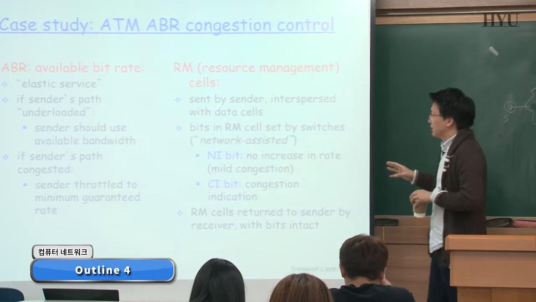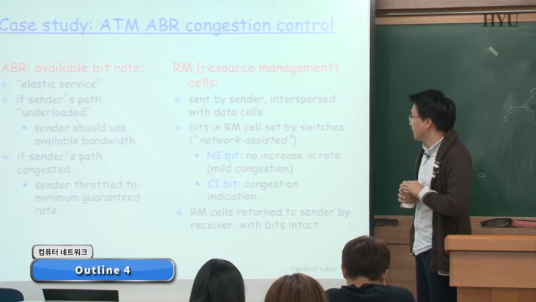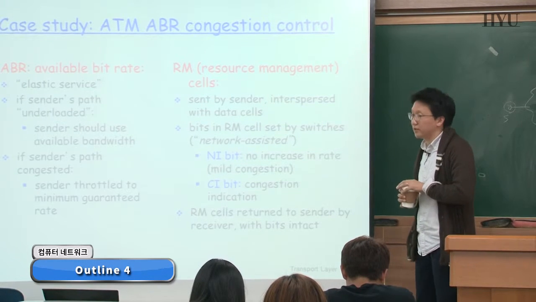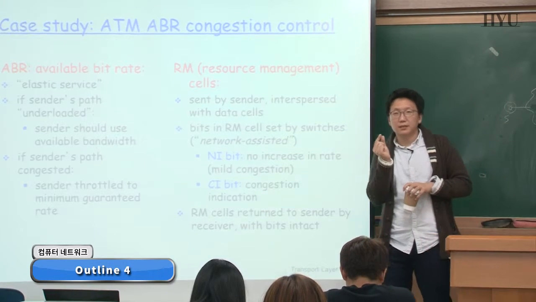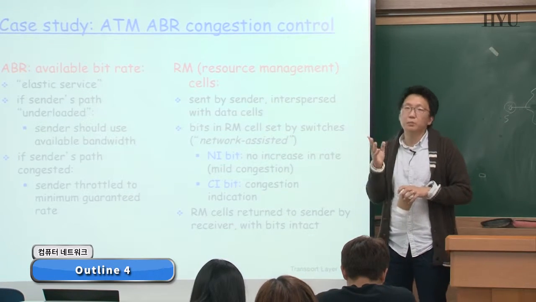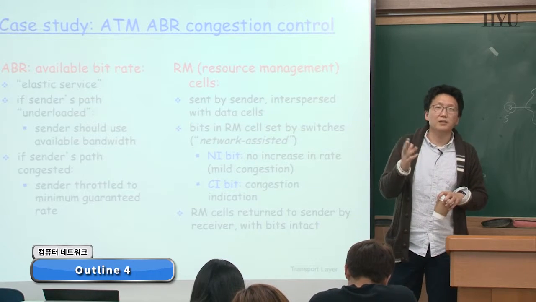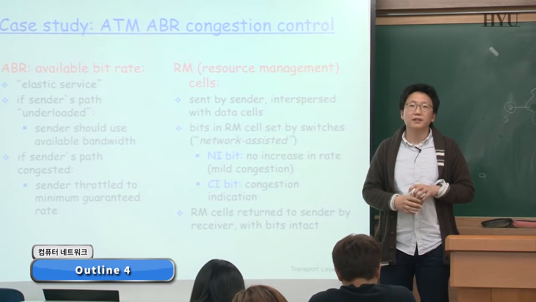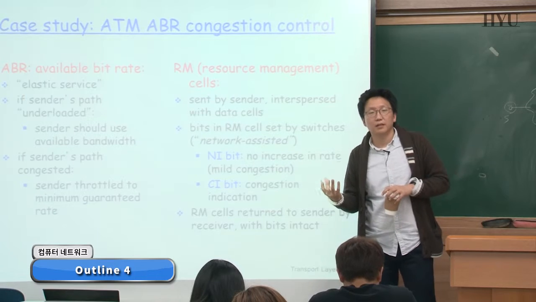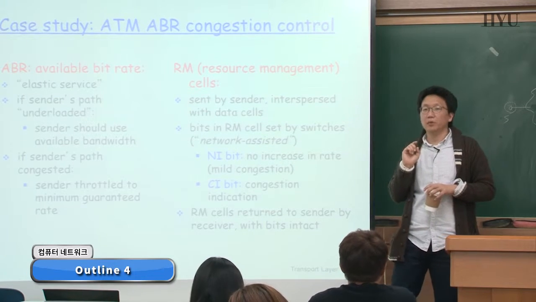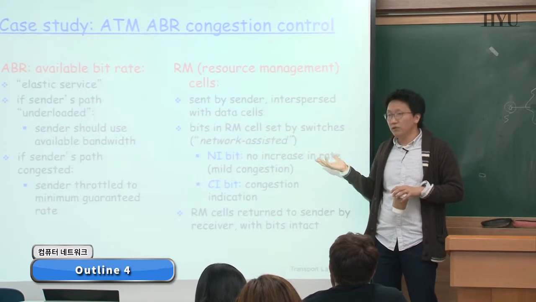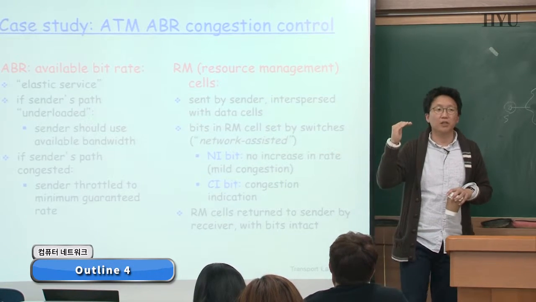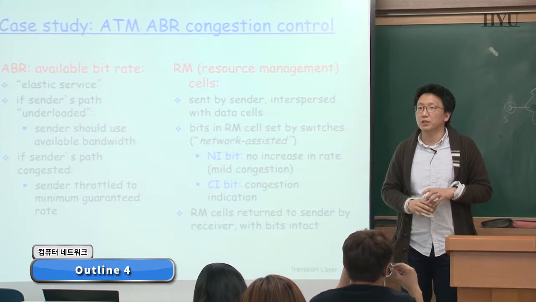It's all different, but you can use NI bits, meaning no increase in the ratio, for mild congestion. So you tell by sending a small message containing these two bits that if the NI bit is flipped, it says 1, then the sender receives that data. Looking at the NI bit being on, they do not increase their sending ratio. They keep up with their current sending ratio.